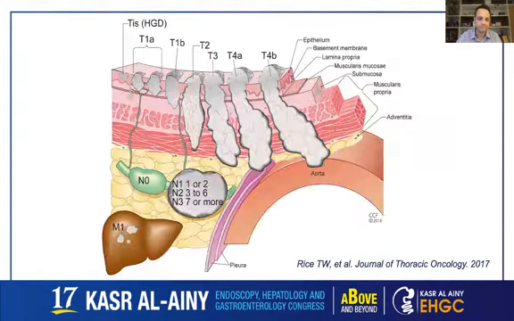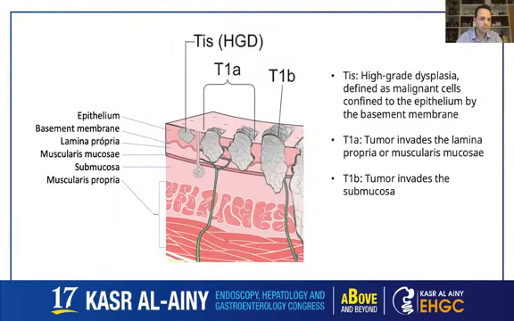So this is the schematic representation of the TNM staging, but first I would like to take a closer look at the T category. So Tis is a high-grade dysplasia defined as malignant cells confined to the epithelium by the basement membrane.